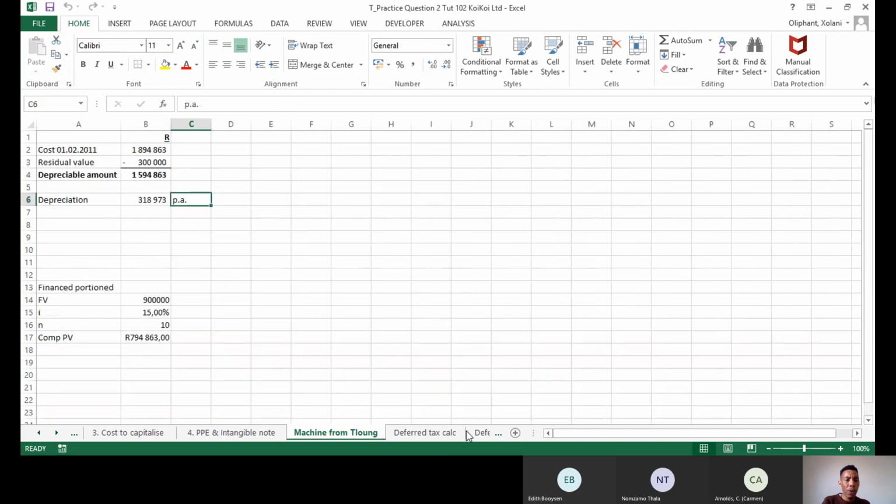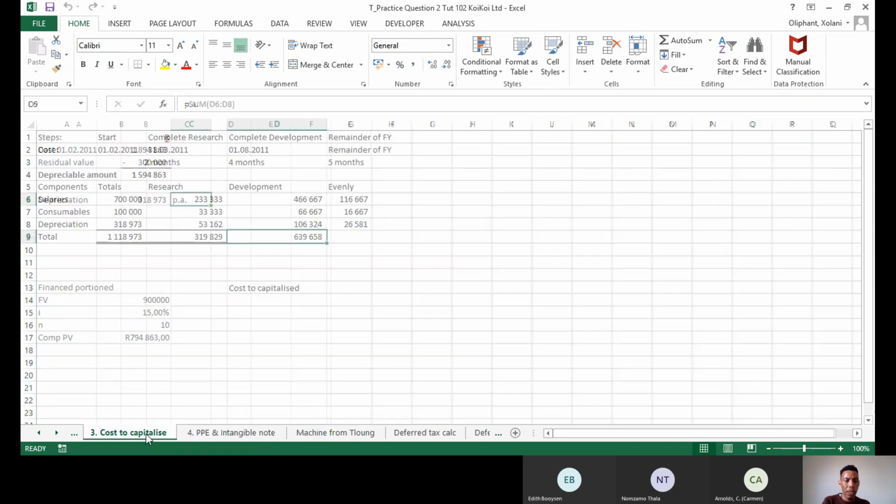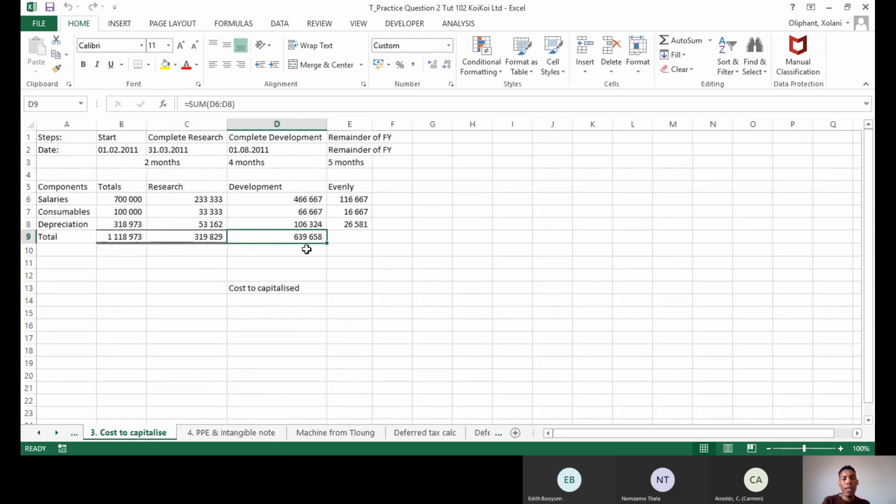Fine. Now, if we go here, here's the patent. Where did I do the capitalization? Okay, yeah, fine. So we've capitalized that amount, and there is no residual value here. So we're not expecting to get anything after that 15 years. So we can then calculate the depreciation.